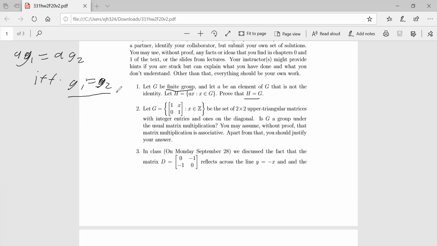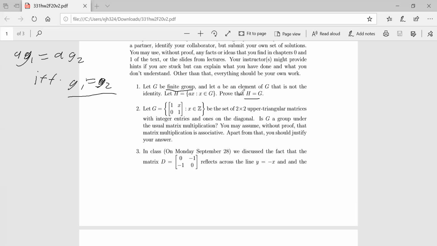So if every single element is going to give us something else here, then it is going to give us a different element of G, because it's closed under whatever our operation is. Then just by the pigeonhole principle, H is going to be a subset or a subgroup of G and it has the same size as G, so H has to be equal to G. So that's the basic intuition underlying this.